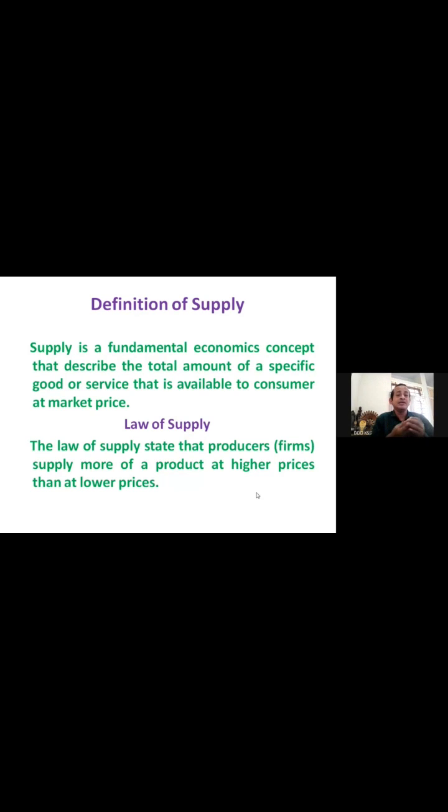Further in this regard, we are assuming other factors constant. When other factors are constant, at a higher price, producers or firms will supply more, and at a lower price, they will supply less. We'll discuss how this happens with the supply schedule and supply curve next.